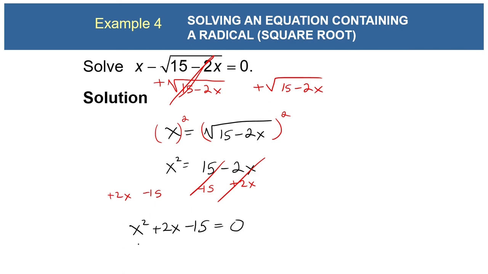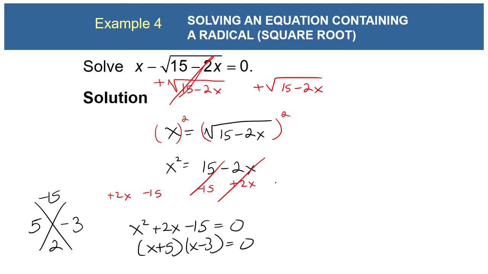And now we can try to factor this. I can factor this using the diamond method. We have negative 15 and 2. The two numbers are 5 and negative 3. And so this factors as x plus 5 times x minus 3 equals 0.